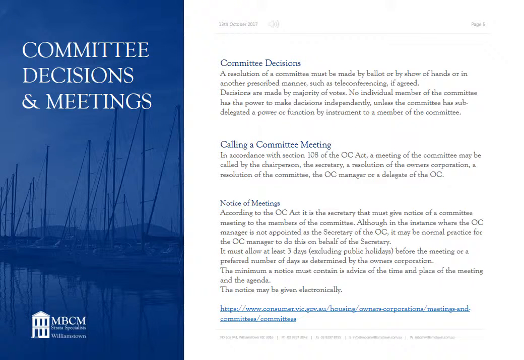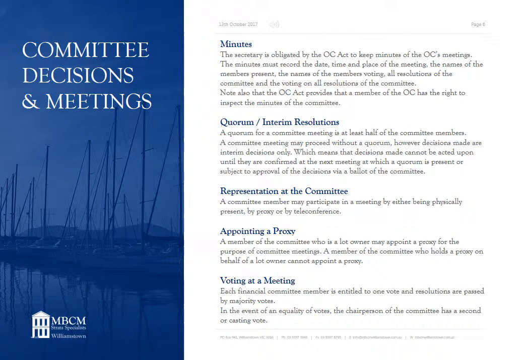There's a link at the bottom there that goes through to Consumer Affairs Victoria. There's some handy information relating to minutes and notice of meeting and ballots that may be handy for you. The Secretary of the Committee is obligated under the OC Act to keep minutes of any OC meetings. Generally speaking, we're talking committee meetings in this instance.